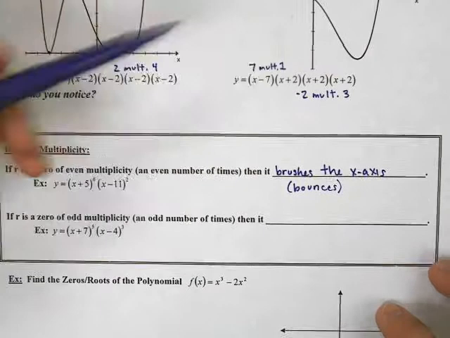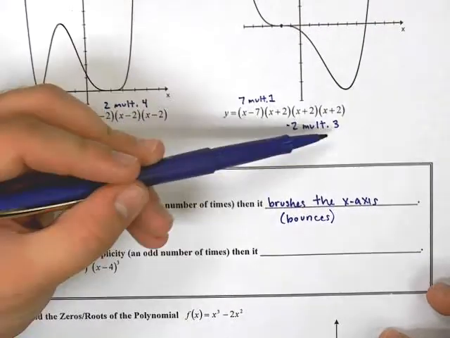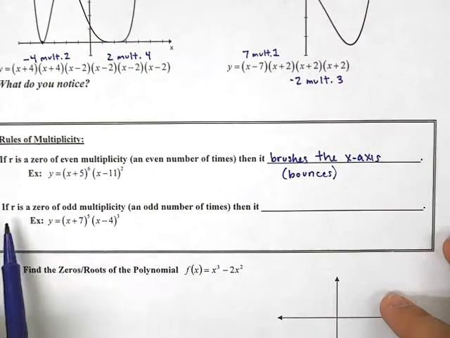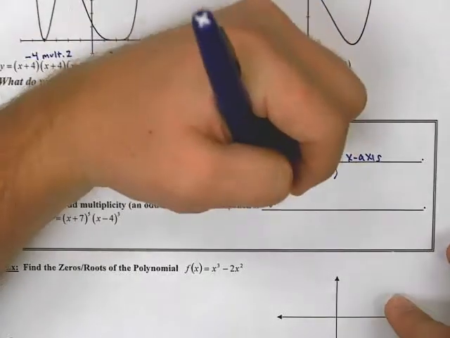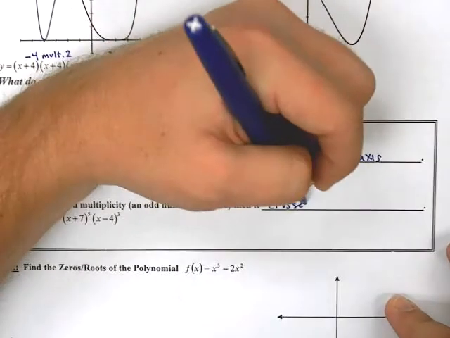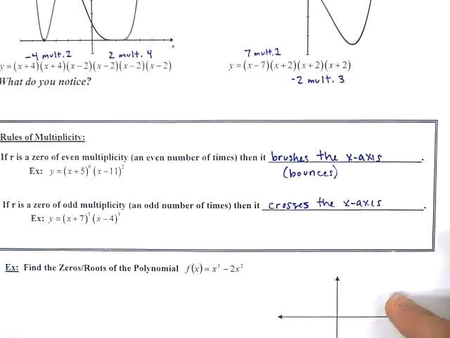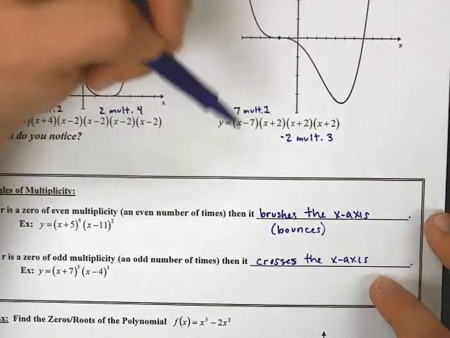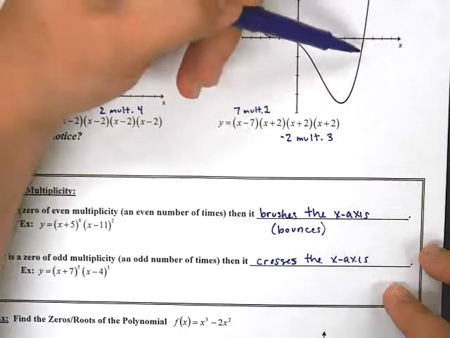Well, what happened when we had odd multiplicity? 1 and 3. It went right through. So what we're going to say is if r is a zero of odd multiplicity, then it crosses the x-axis. Now we can get really specific here, and we can say that when we have a multiplicity of 1, it acts kind of like a line.